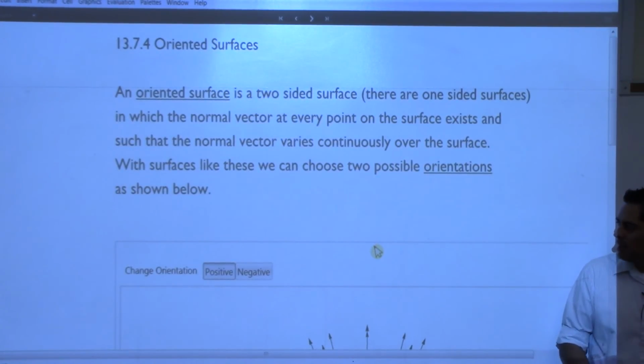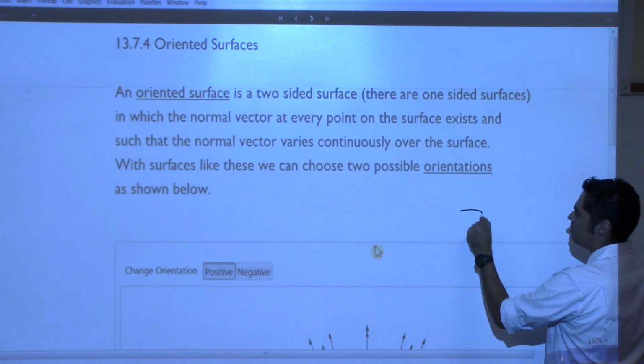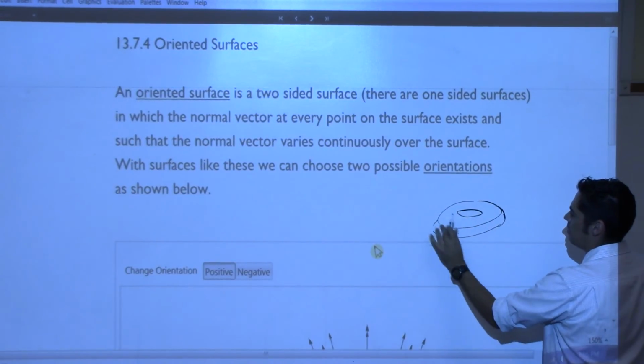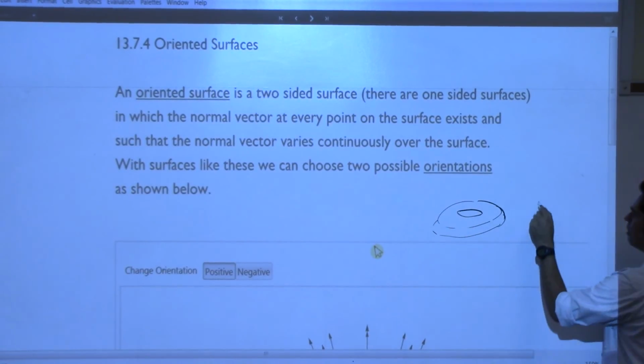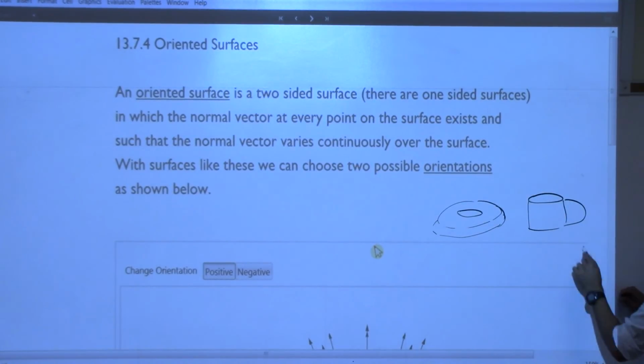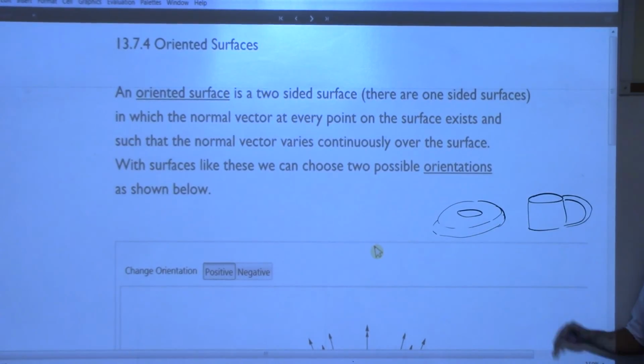And really what it comes down to is, here's a donut, three-dimensional, that's not a very good donut. There's my donut, okay, you get it? And then here's my coffee cup, with my little handle on the edge. These are mathematically the same objects. There's no difference between the two.